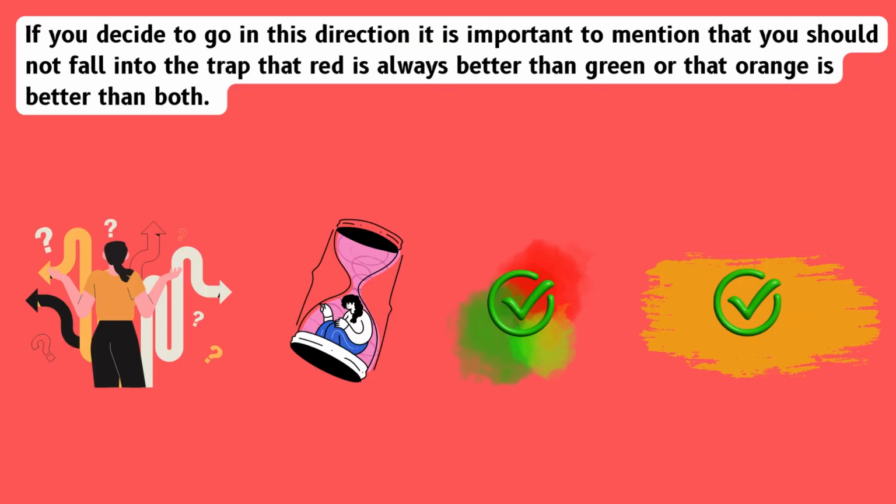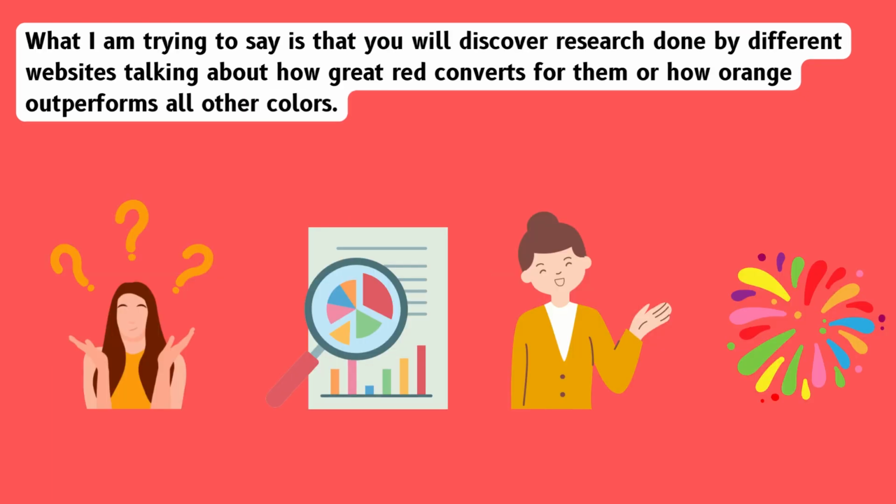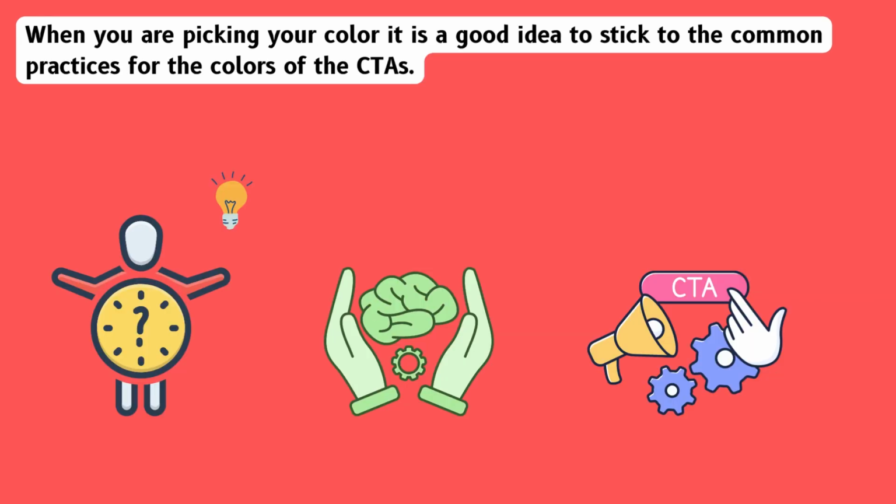If you decide to go in this direction, you should not fall into the trap that red is always better than green or that orange is better than both. What I am trying to say is that you will discover research done by different websites talking about how great red converts for them, or how orange outperforms all other colors. When you are picking your color, it is a good idea to stick to the common practices for the colors of the CTAs.